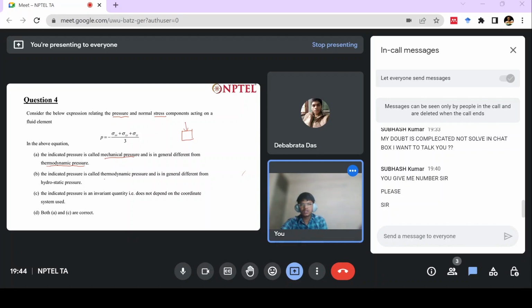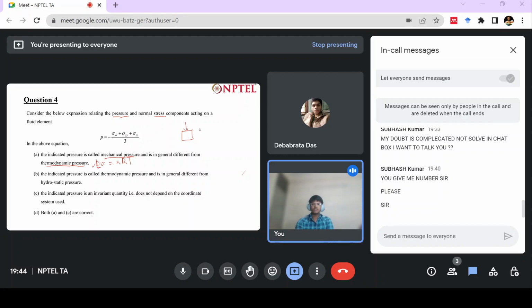You have definitely used some relation like this, right? P v equals RT, or PV equals nRT. So what is this? P is pressure here. Yes, sir. This P is the thermodynamic pressure.